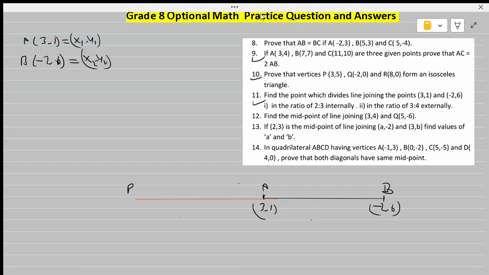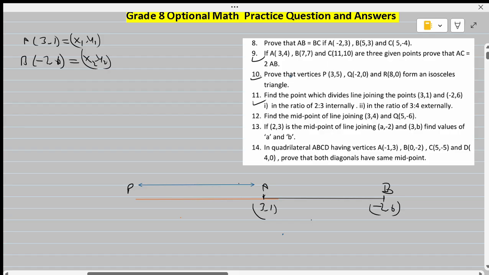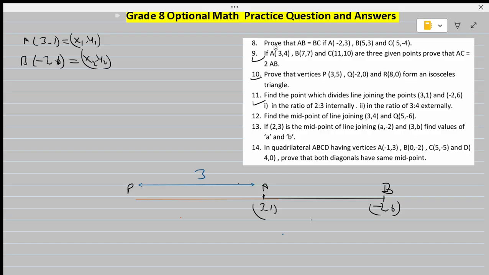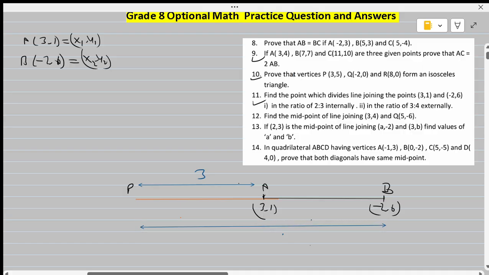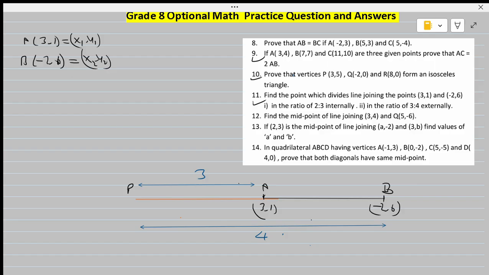So the distance between P and A is the first part, which is here 3, and the distance between the second point and the dividing point is the second part, which is 4. So this is the concept of the diagram. It's not actual, the point placing is not actual. Just to make you understand, I have made it this way.